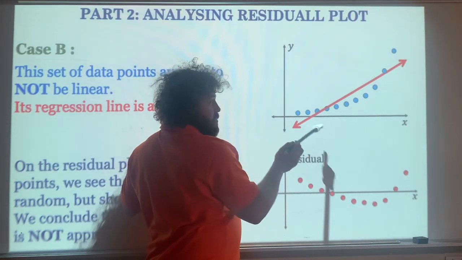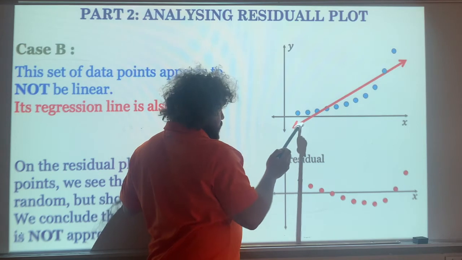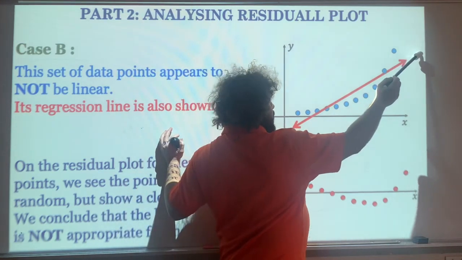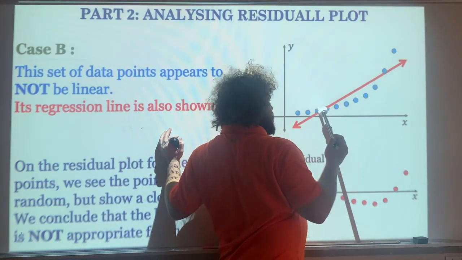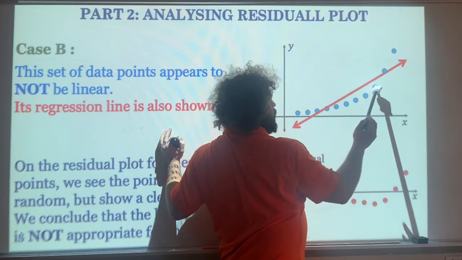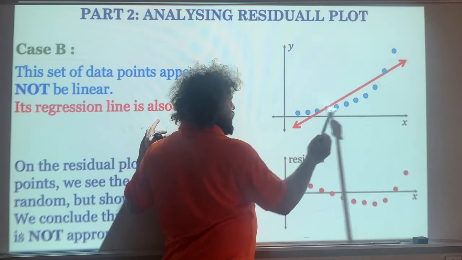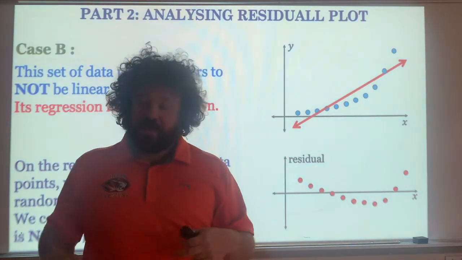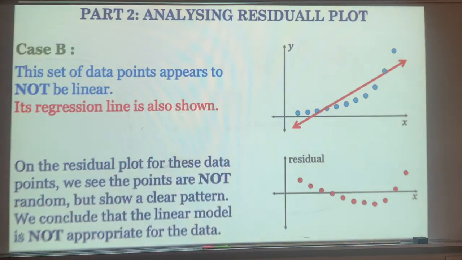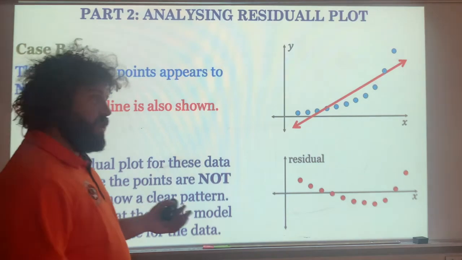It's raised to a power, obviously. If we cut this with a line, we notice it's above, above, above, below, below, below, below, below, below, above, above. And the distance goes farther and closer with the pattern. Because of that, we realize that it is indeed a quadratic. So residuals actually tell us what type of line we're dealing with and which type of regression line we should use from our technology.